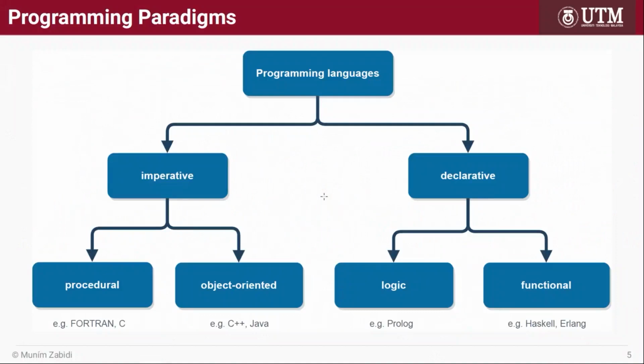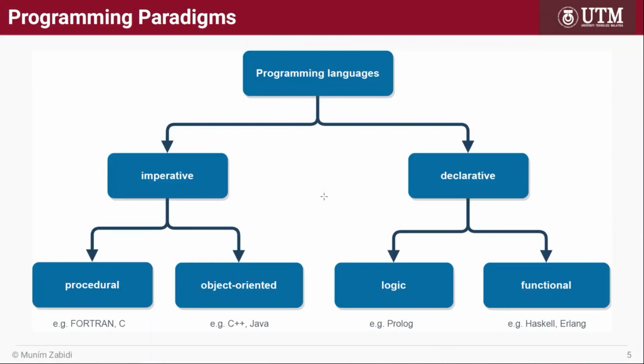If you look at all the programming languages, you can classify them into either imperative, where you tell the computer how to do something, or declarative, where we tell the computer what to do.